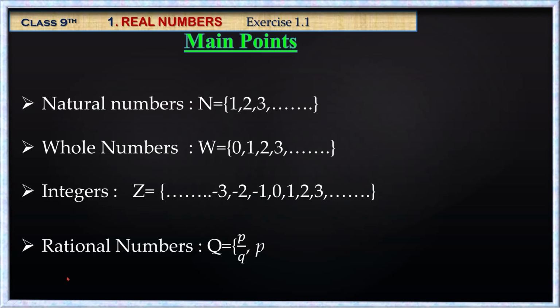And next, the rational number set is denoted by capital Q. It contains all the numbers which can be written in the form of p by q, where p and q are integers and q cannot be equal to 0. These are the number sets we have learned in the previous classes.